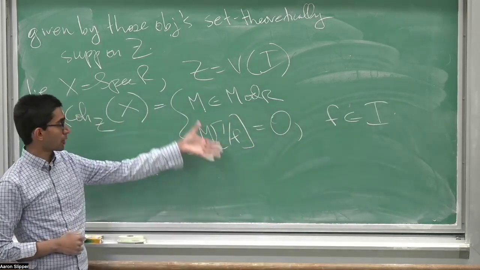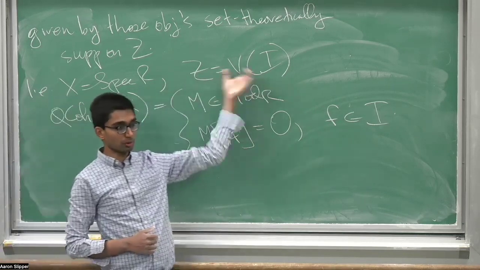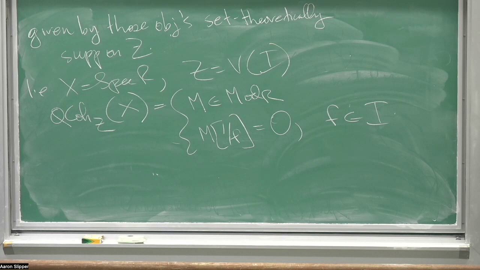And this only depends on the ideal up to radical, so this is really a condition only on the set Z, not the ideal. This is just a generalization example, and this gives you a localizing subcategory.